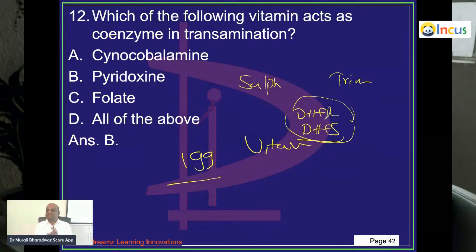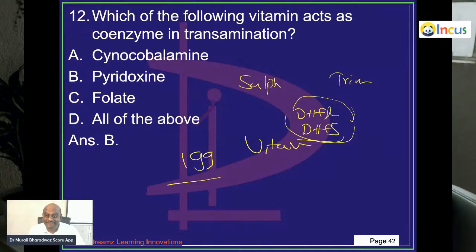Very good. Dihydrofolate reductase is inhibited by trimethoprim. Dihydrofolate synthase is inhibited by sulfonamide, S for sulfonamide. Trimethoprim, R for reductase. Methotrexate also inhibits the same dihydrofolate reductase. That is what you need to remember.